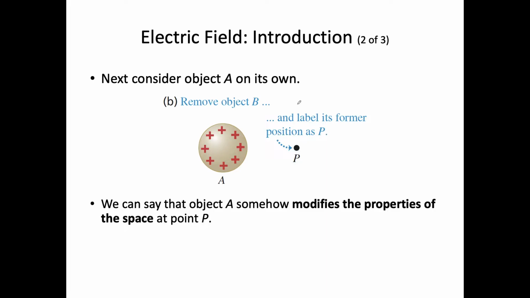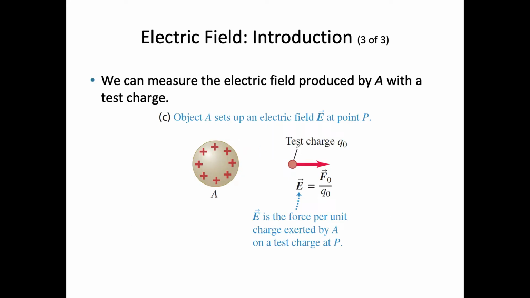Now what we think of is that this charge A has modified the property at this location, point P. And we say this is the electric field produced by charge QA at location P, such that if we put a test charge Q0 here, its force is going to be F0.